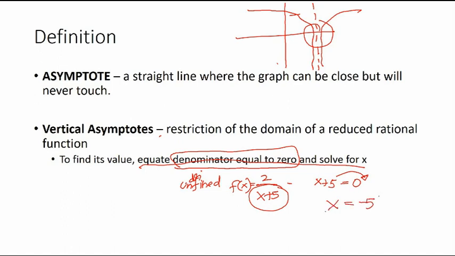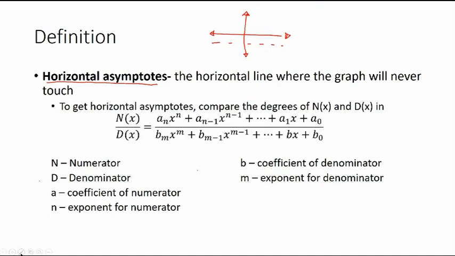So the vertical asymptote of this function is x equals negative 5. So pagdating sa negative 5, doon na makikita. So kung halimbawa kung ito yung given, kung 1, 2, 3, 4, 5, ito yung point kung saan si graph ay hindi pwedeng mag-touch. Next, the horizontal asymptote.